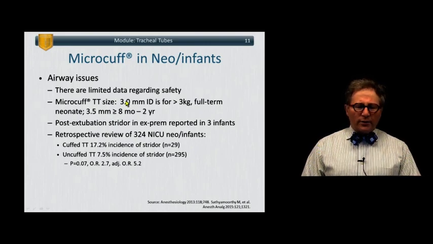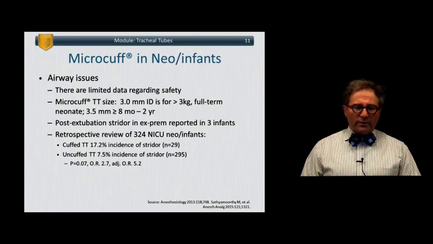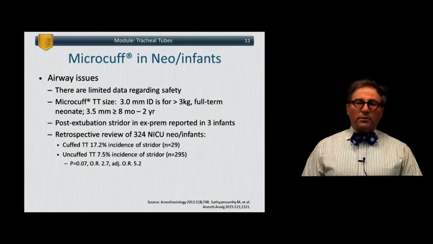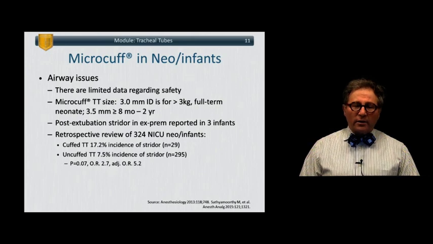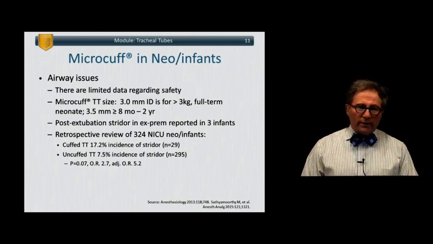These contrast with the 3.0 and the 3.5 millimeter sizing for kids above 1,500 grams with an uncuffed tube, and a 3.5 millimeter ID uncuffed tube for a full-term neonate.